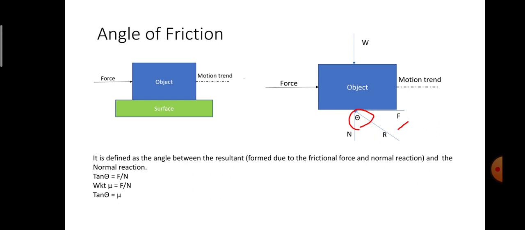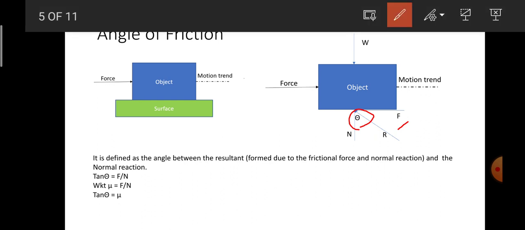This resultant is formed due to the frictional force and the normal reaction, and the angle between this resultant and the normal reaction is called the angle of friction. If you project these lines, it forms a polygon.